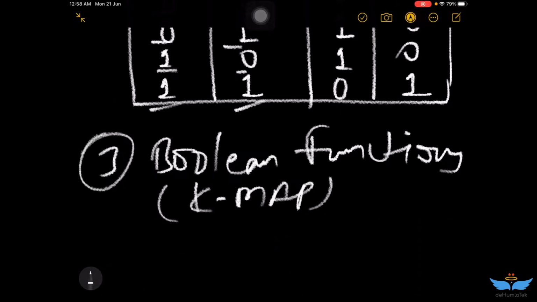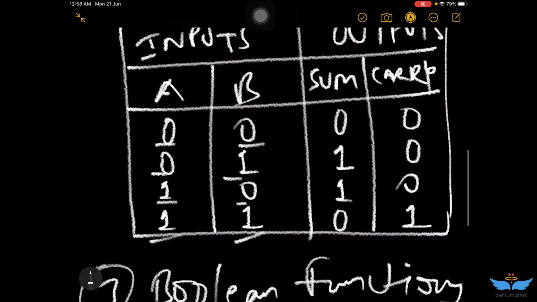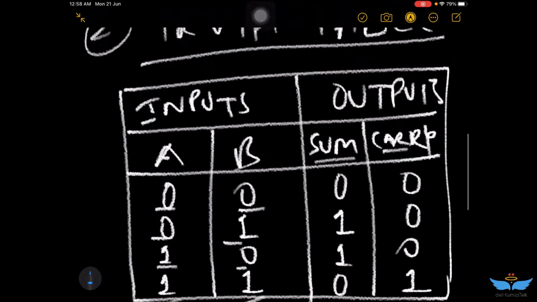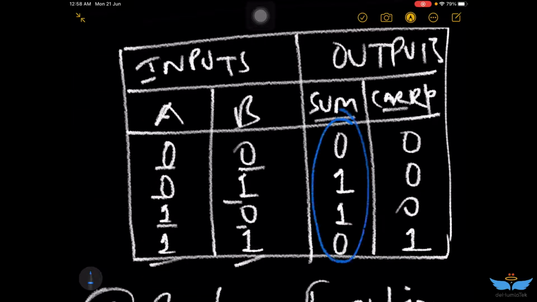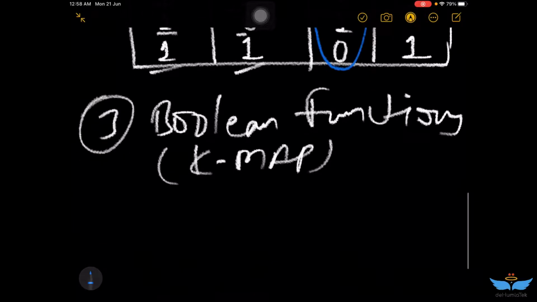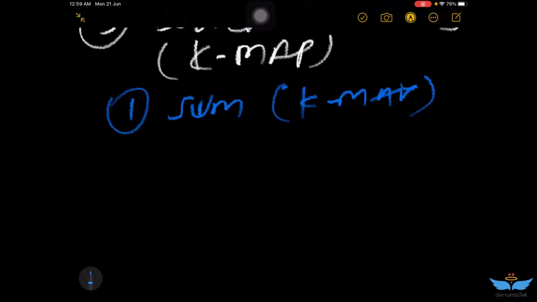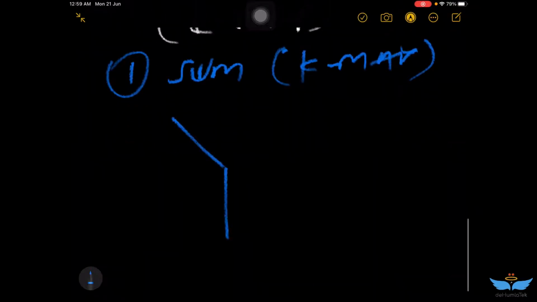Since there are two outputs, sum and carry, we have to make two separate K-maps so that we get a separate function for sum and for carry. I'll first take the output sum and make a K-map for it. I'll make a box.